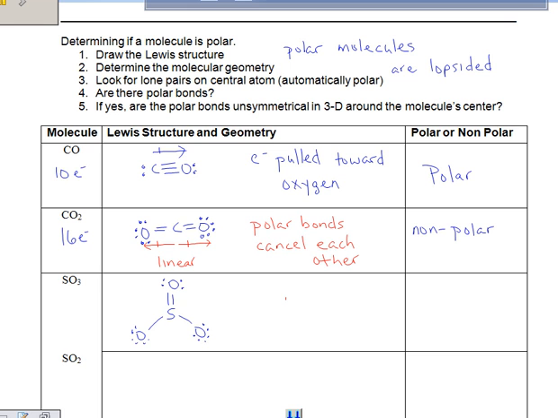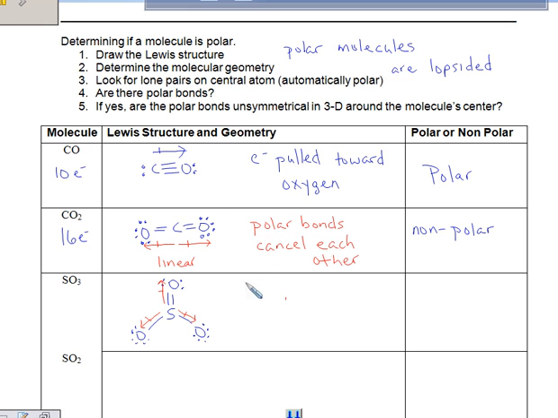So let's highlight what's going on with the electrons being pulled towards the oxygens preferentially. What I want you to notice is each of these is being pulled at 120 degrees angle, and they're being pulled equally to the corners of an equilateral triangle.